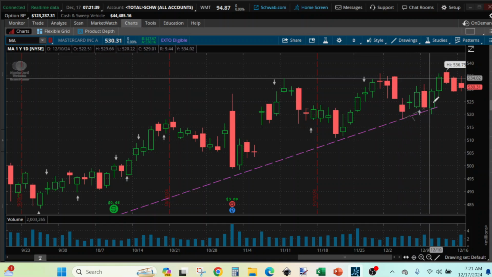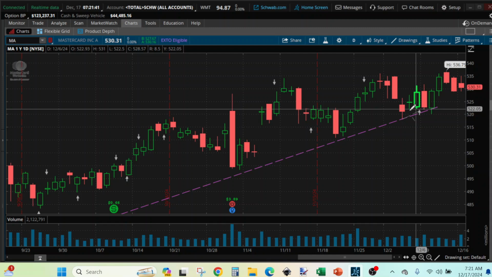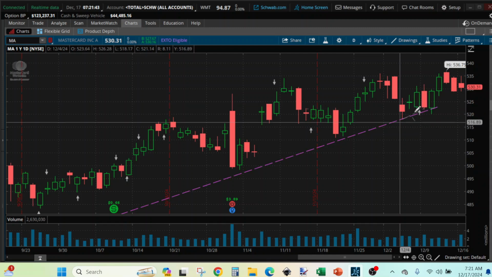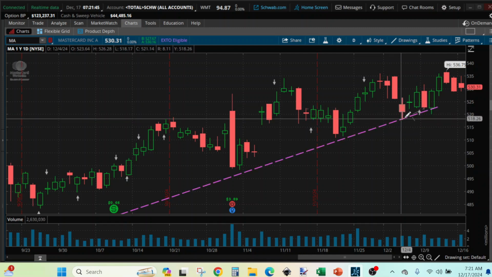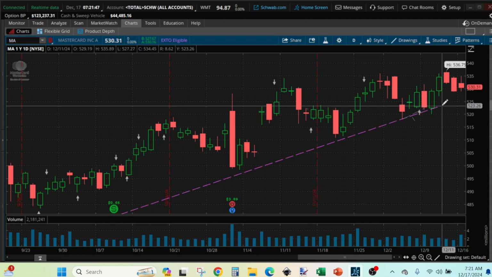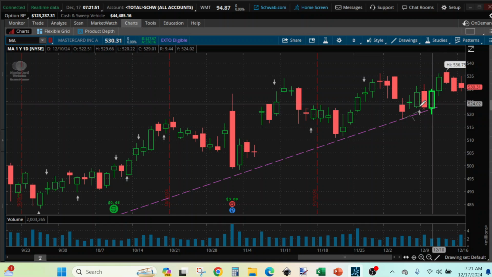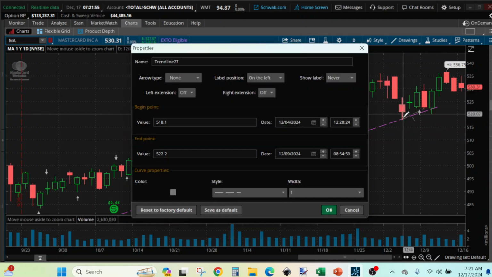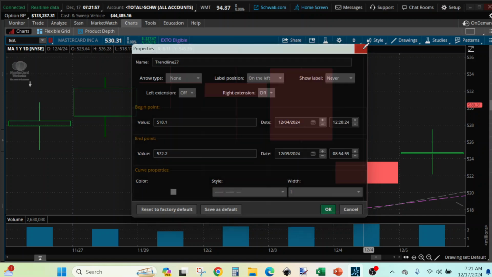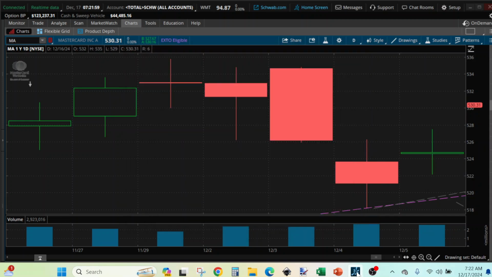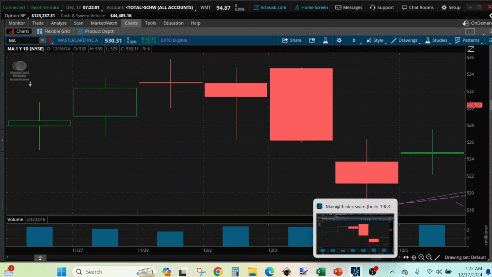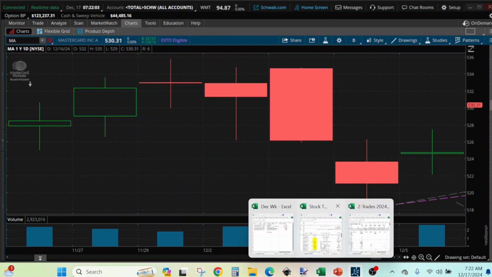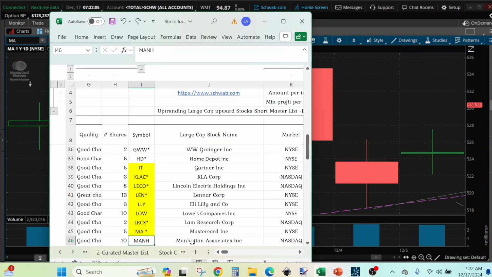Look at two pullbacks to see if you do have that uptrend feel, where it is uptrending along that line that you want to buy, before you enter it. Not just entering it at the first green bar after a pullback to that line, but wait for that feel of uptrending along that line that you want to buy at before you enter it.